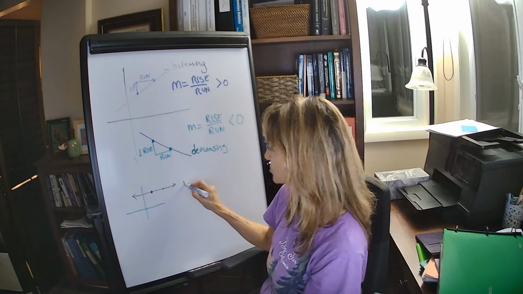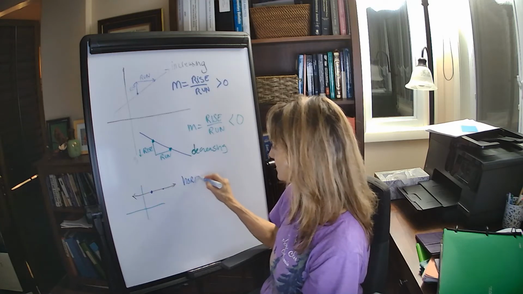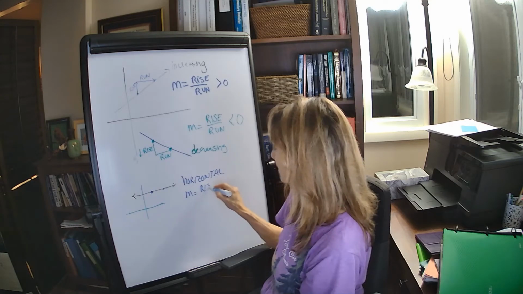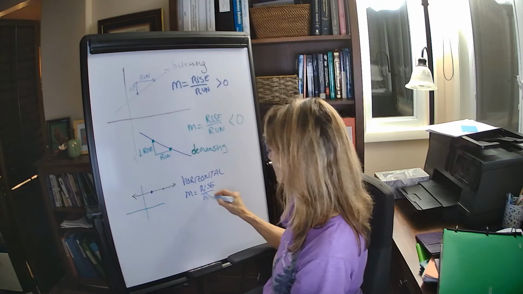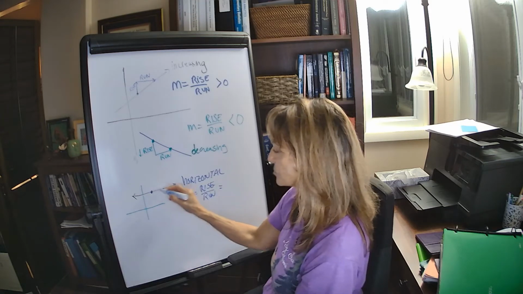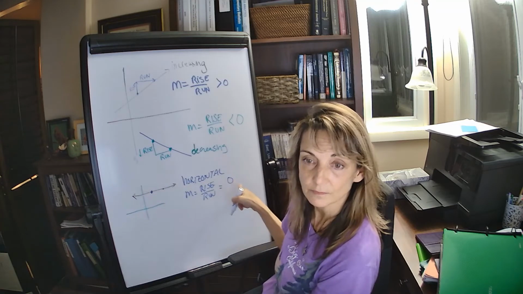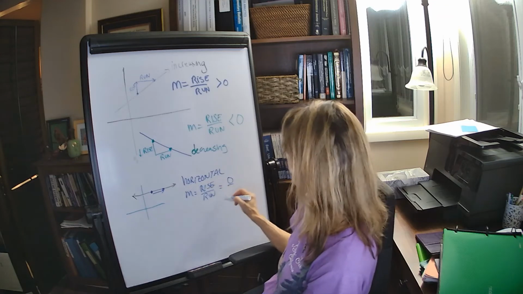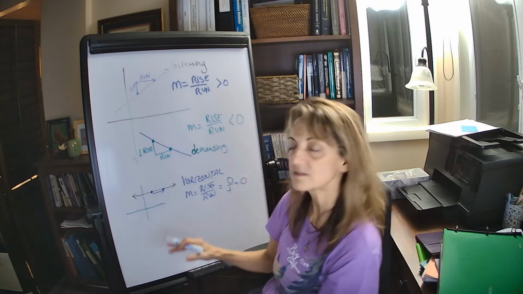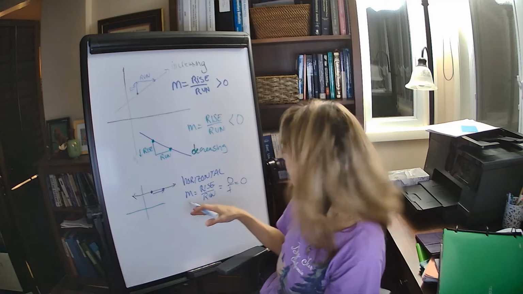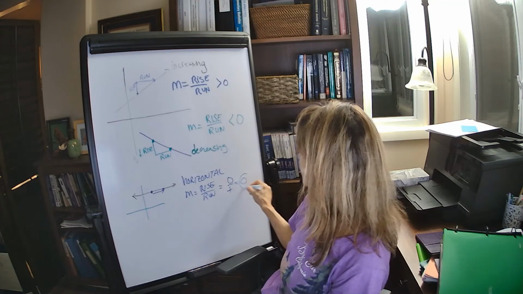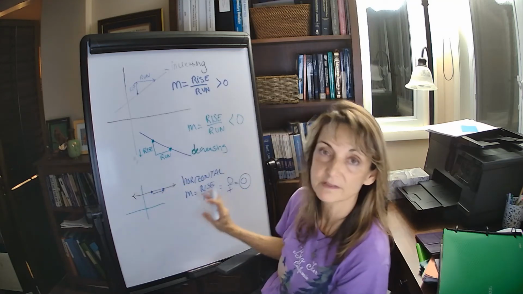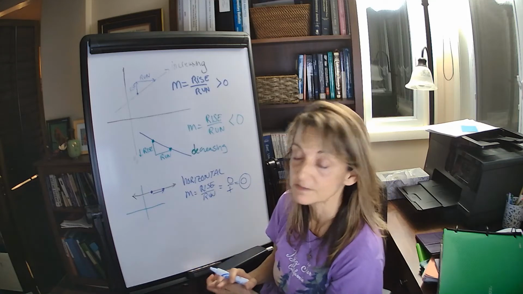So for the horizontal line, the rise is 0, and the run is whatever distance it is to that next point. It's some number. So the horizontal line has a 0 slope because we always have 0 rise. Any number in the denominator doesn't matter. 0 over any number will be 0.